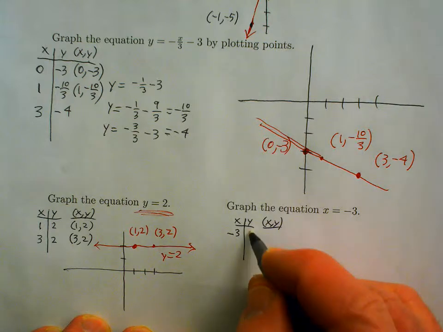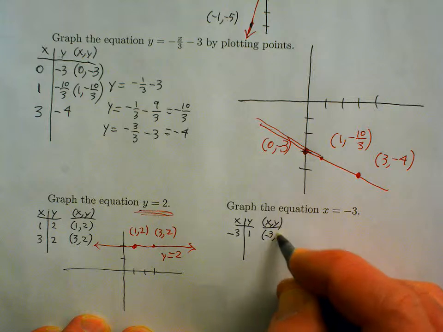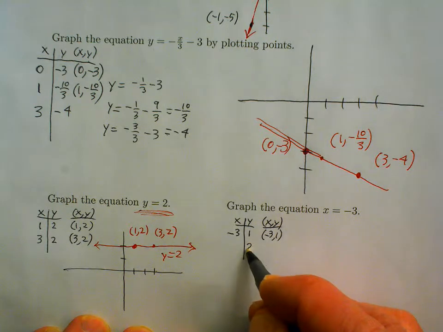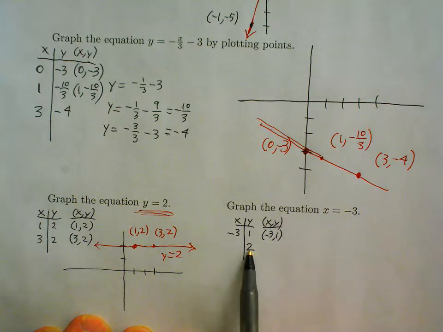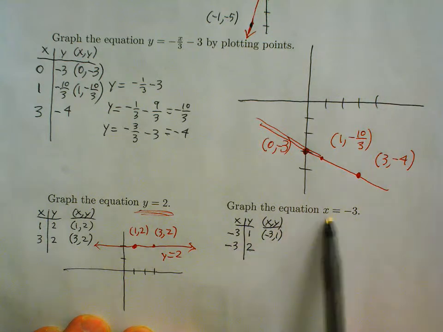So I'll pick y to be 1. So the ordered pair -3, 1 is a point on the graph. And then we need another point. So this time I'll pick y to be 2. And then x has to be -3 because the equation tells us x has to be -3.